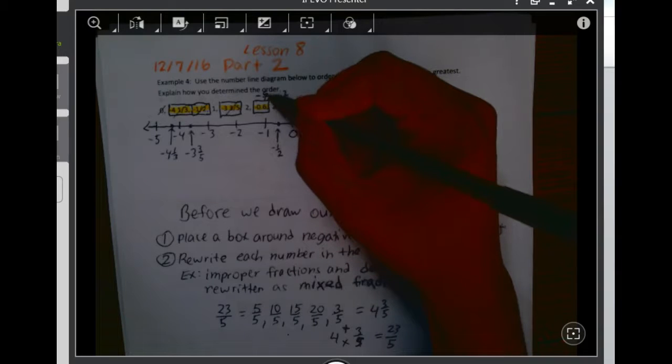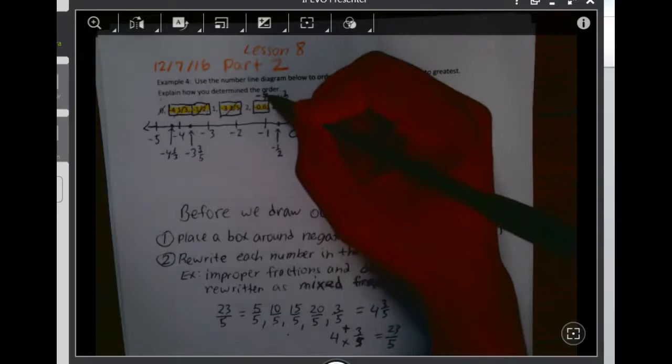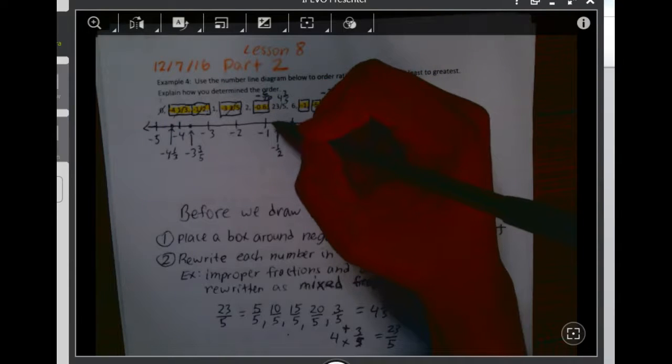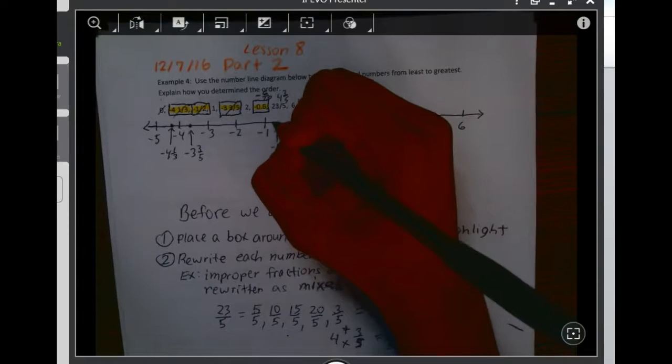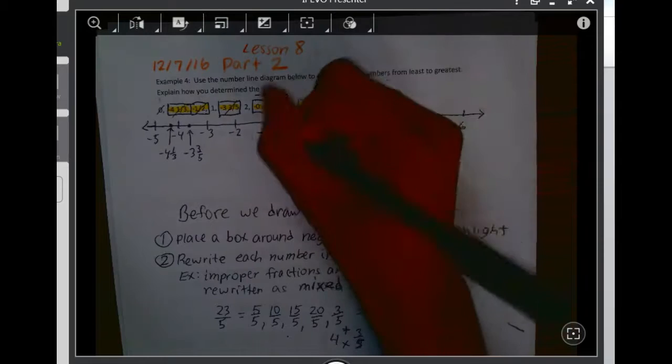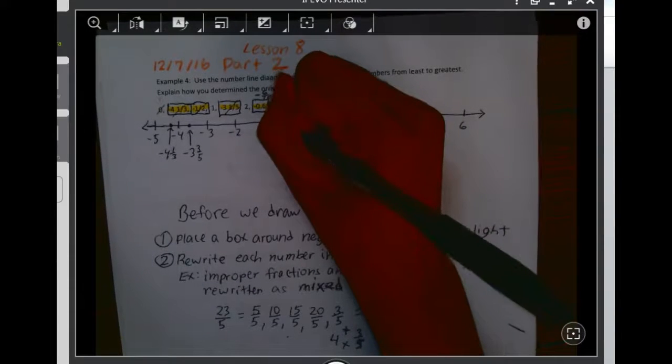So when I compare negative 6/10 to negative 5/10, I know that negative 6/10 is a little more negative, or smaller, than negative 1/2. So I'm going to go a little farther to the left of 0. And this will be negative 0.6. I'm going to write it above for space.